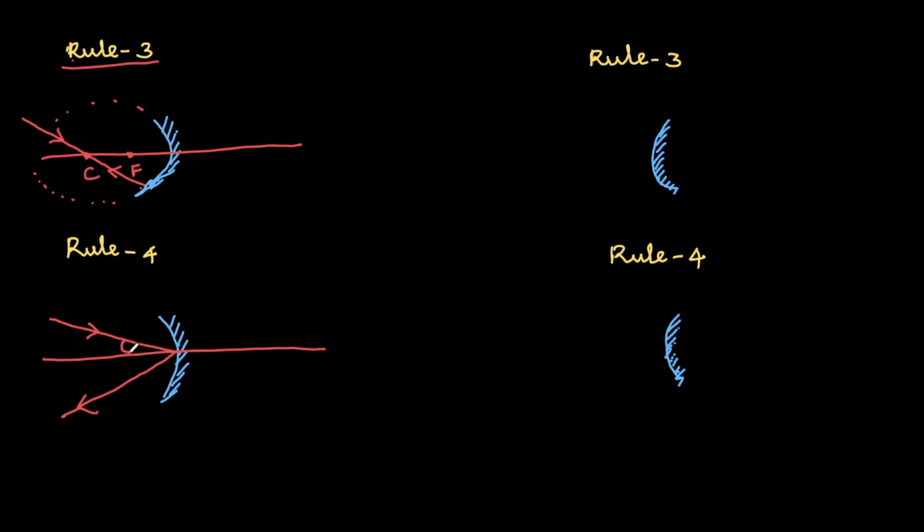The angle of incidence is always equal to the angle of reflection. So if the light falls on the pole obliquely, it will be reflected, and the angle of incidence is always equal to the angle of reflection. So this is the fourth rule.